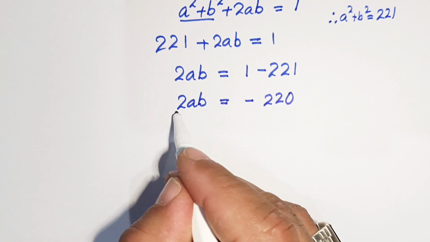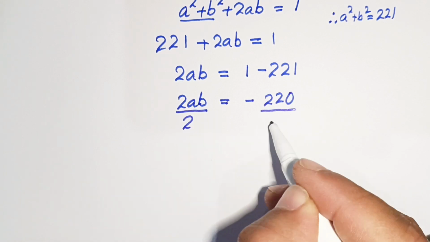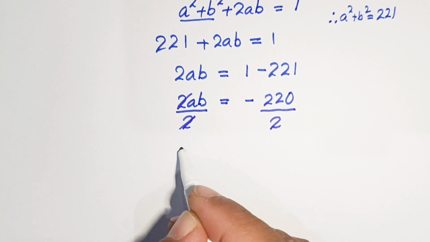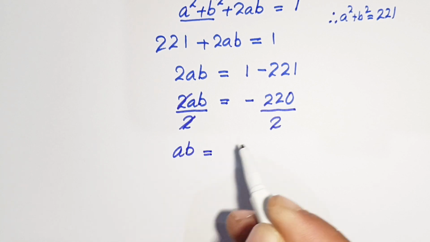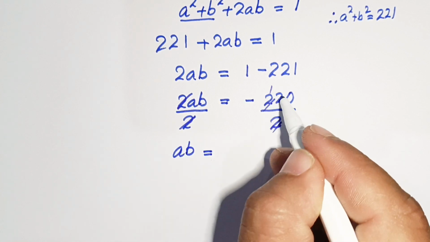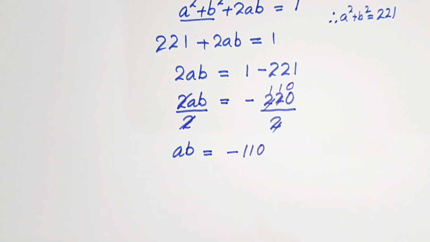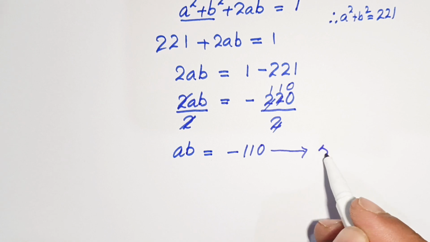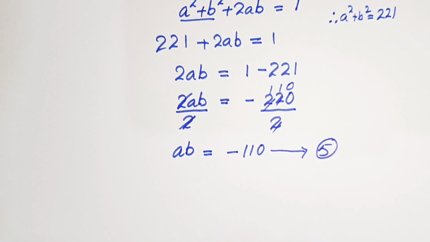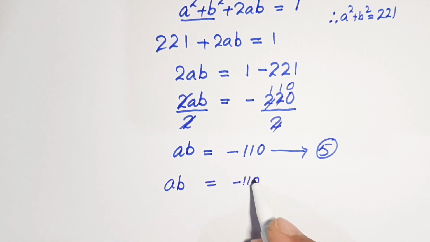If we divide by 2 on both sides, cancelling it, we get a times b is equal to minus 110. Let's say this is our equation 5. Now, to find the value of b using a, we write ab is equal to minus 110.